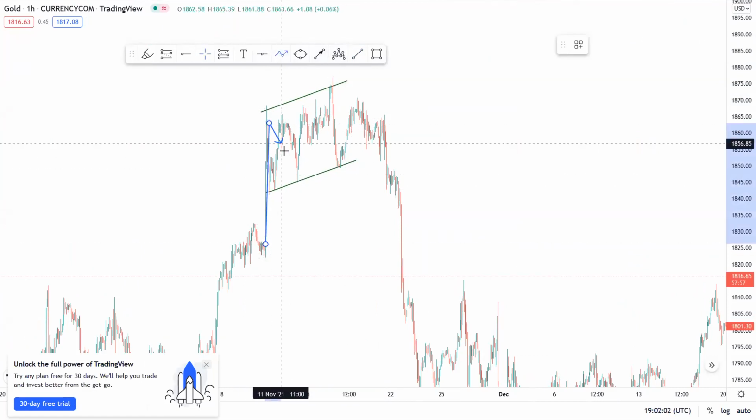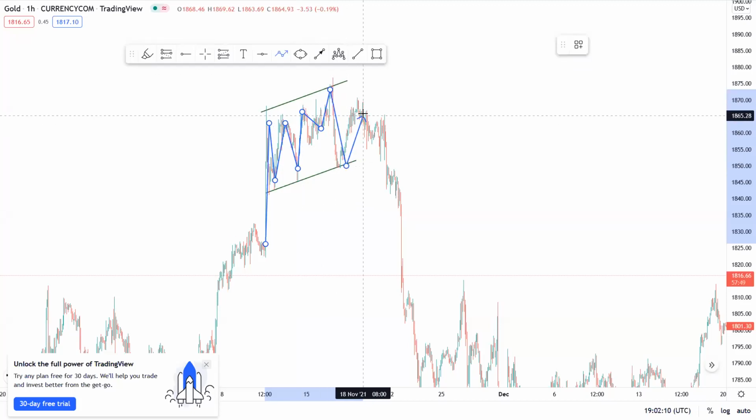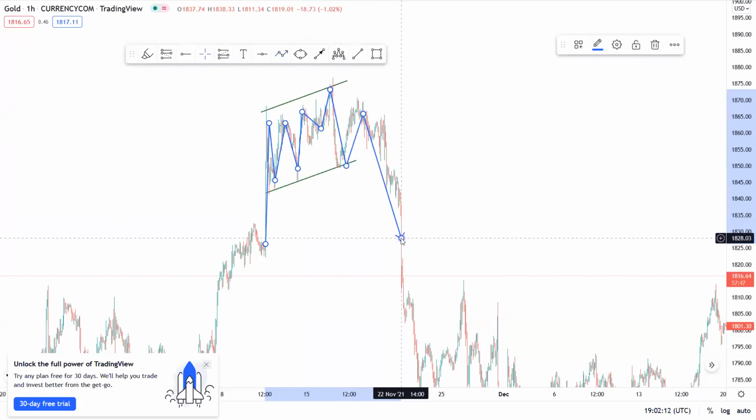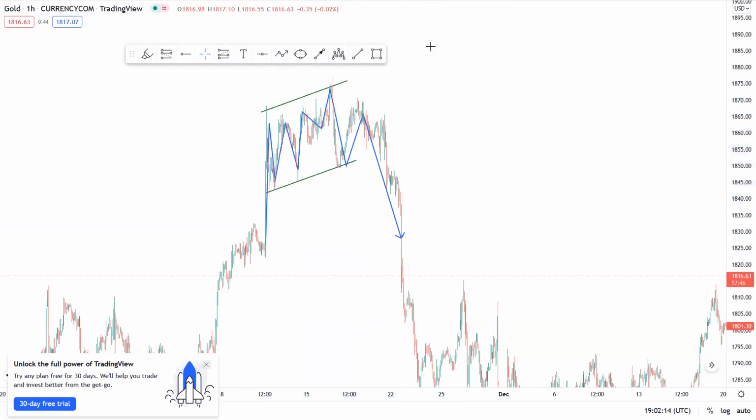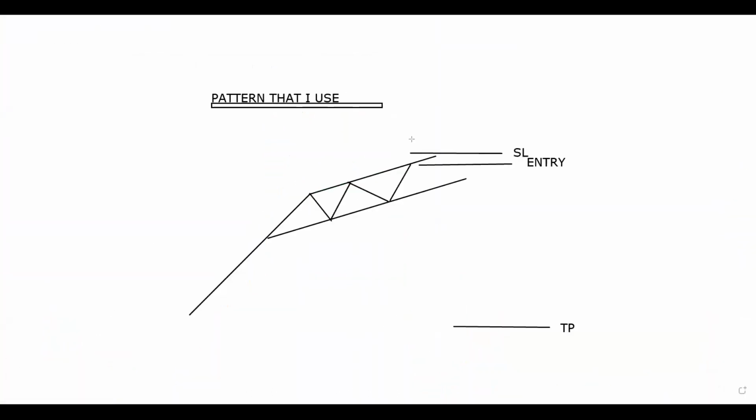Impulse, it gave us a correction. You need to understand that when we say impulse and correction, impulse doesn't mean it takes the same direction. You need to understand the pattern you have. Same story. So guys, this is a rising wedge, as we said. So at the end of the day, we know what it has to do: move like this.